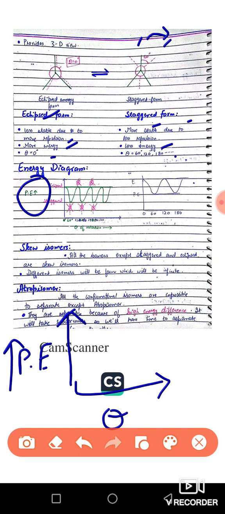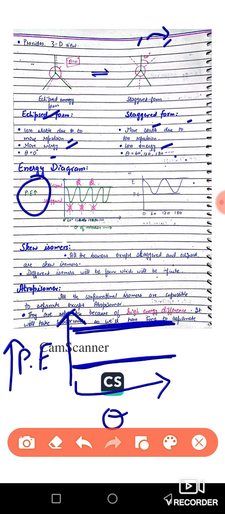Now I have explained to you that there are two forms, eclipse and staggered. The eclipse form has high energy, so it could be at this upper part, and the staggered form has less energy, so it could be here.